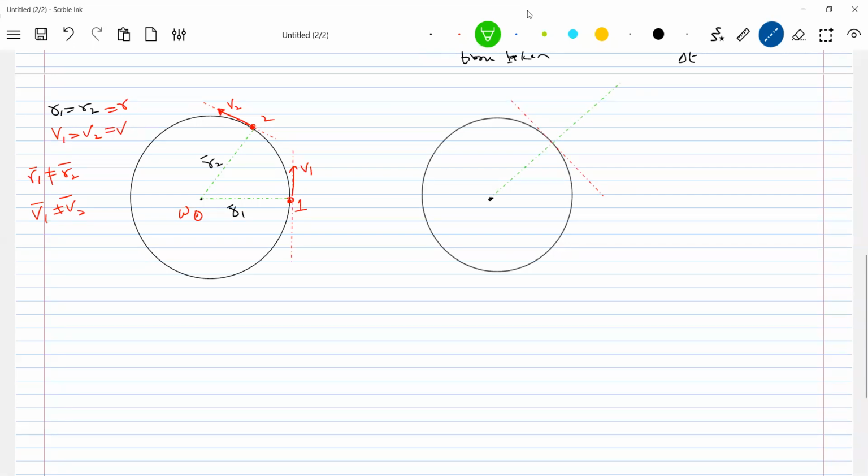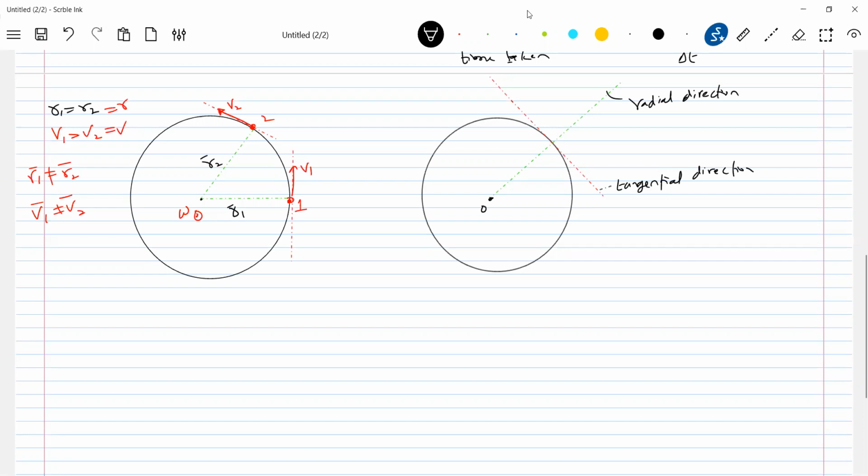And the directions themselves, I'll give names. Rather than going for I cap, J cap, this will be a better idea. So this is called the tangential direction, and this is called the radial direction.